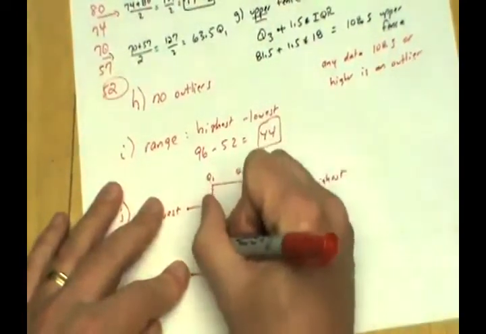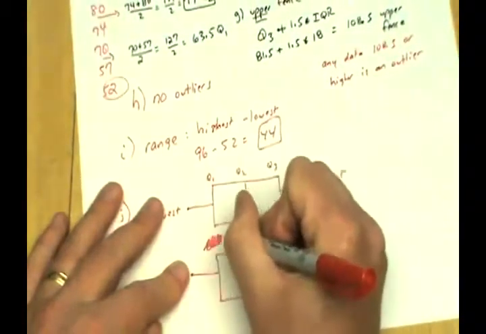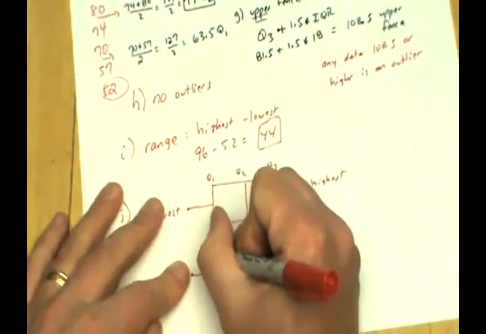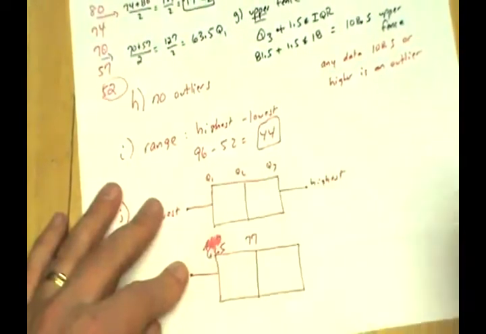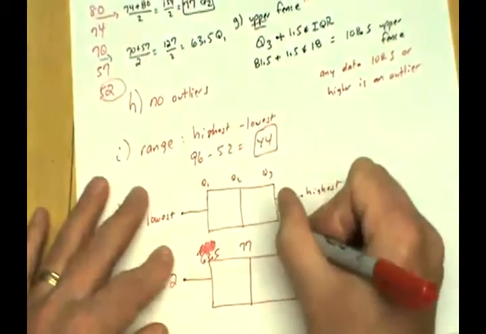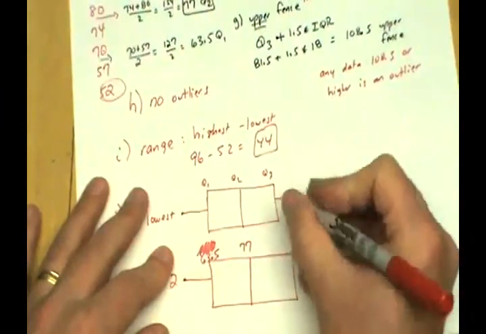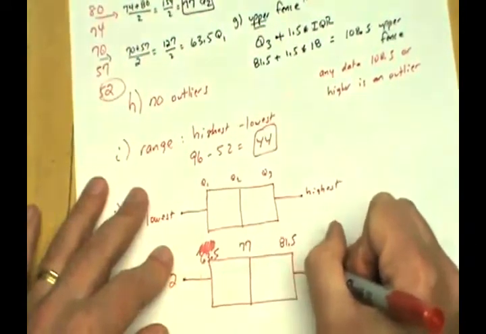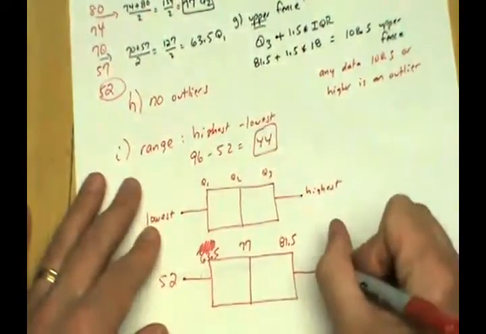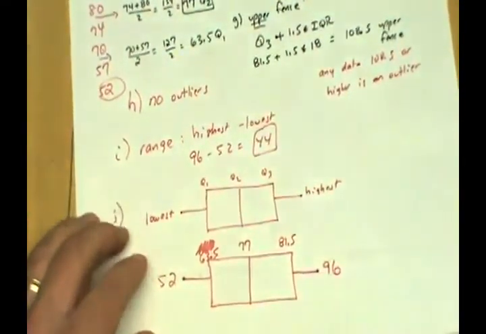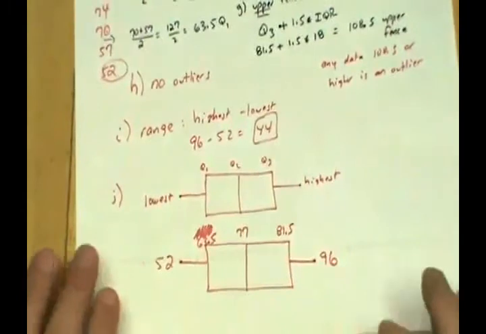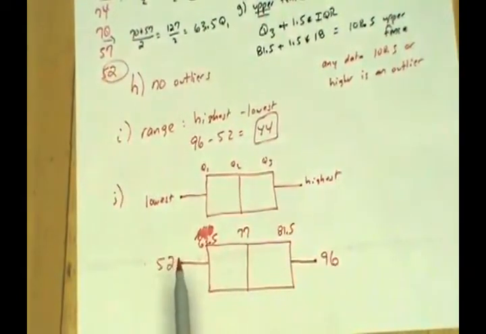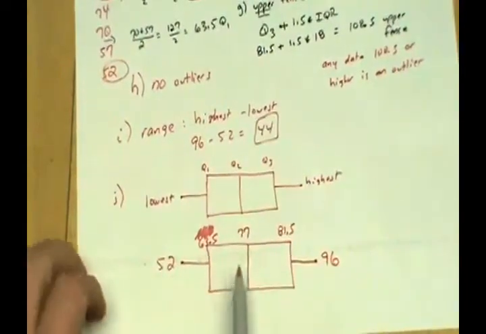Oh, I'm sorry, I did that wrong. This is Q1. I put in Q3. Q1 is 63.5. I apologize. 63.5. And then Q2, now Q3, which is 81.5. Then you go up here and you put a dot, and then you put in the highest piece of data, which is 96. So if you don't mind my small little mistake there, try not to do those too often, but that's a box plot.